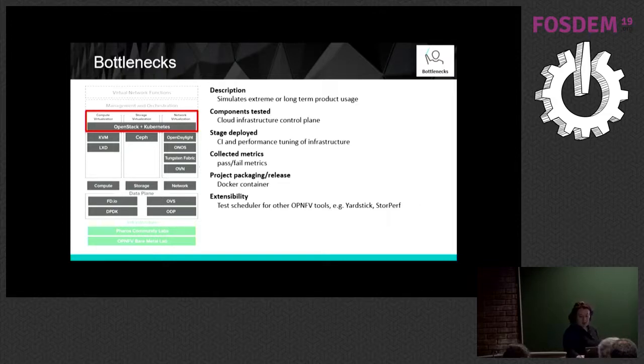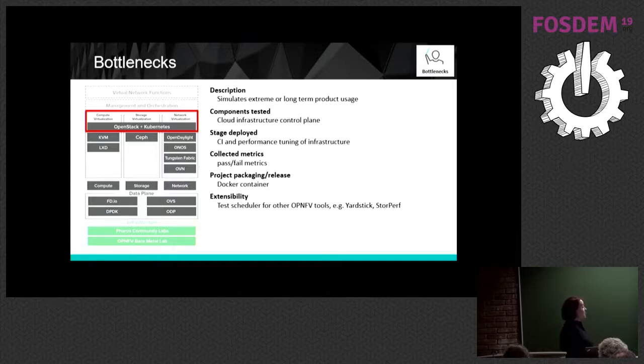It collects metrics and produces also a pass-fail output. You can use this from a Docker container as well. This is a way that most of the test tools are actually packaged at the moment.